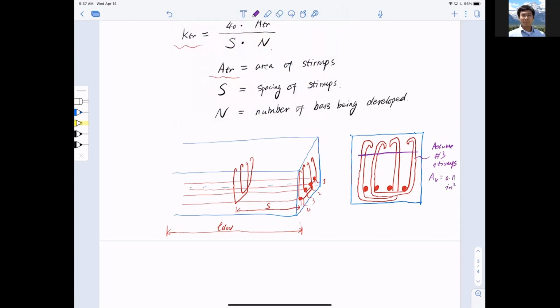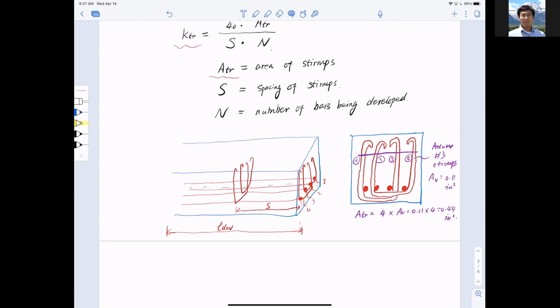So how many cuts do I have? 1 cut, 2, 3, 4, so 4 legs. In this case, Atr equals 4 legs multiplied by Av, 0.11 times 4, which is 0.44 inch squared. That's how we calculate Atr.